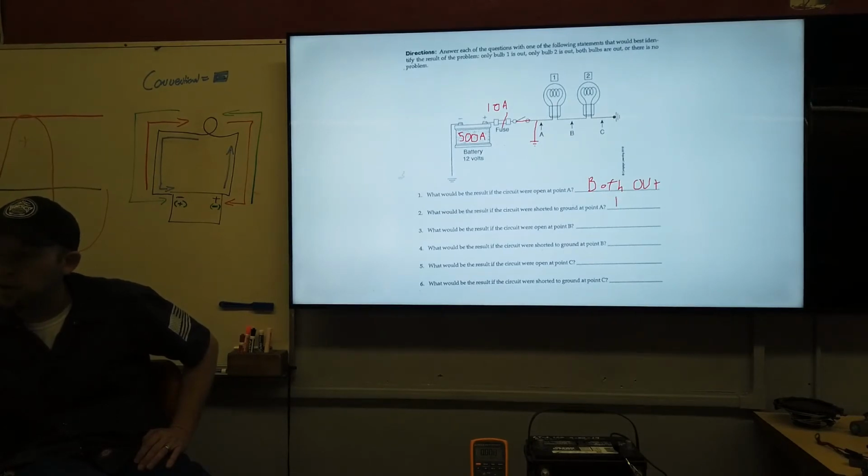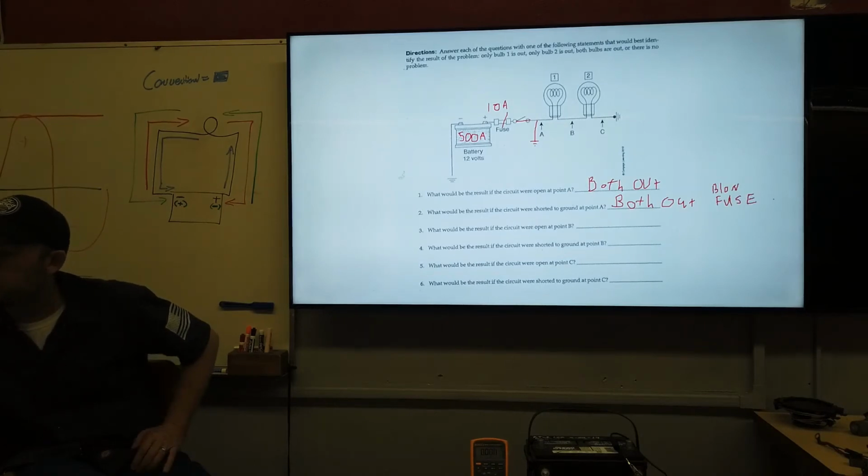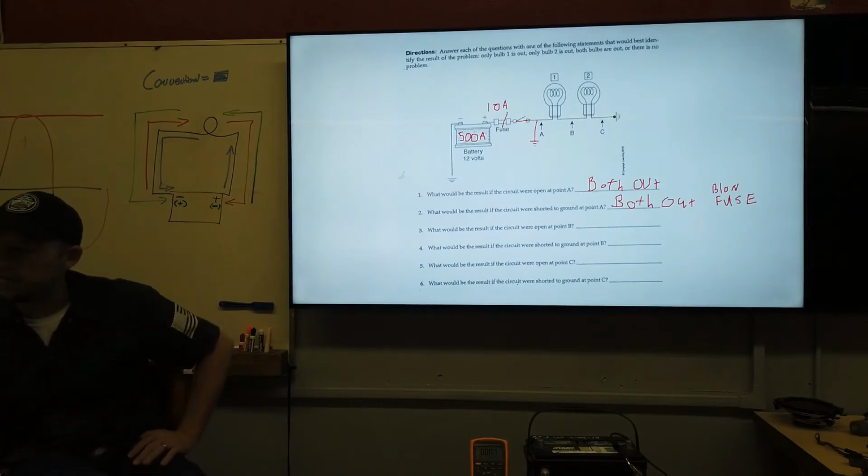And so again, both are out. And then you probably want to make a note for yourself that we would have a blown fuse. You can tell what my handwriting is like, right? It's not a whole lot better even with a pencil, to be honest.